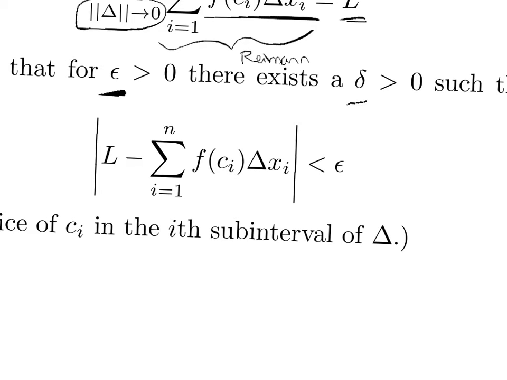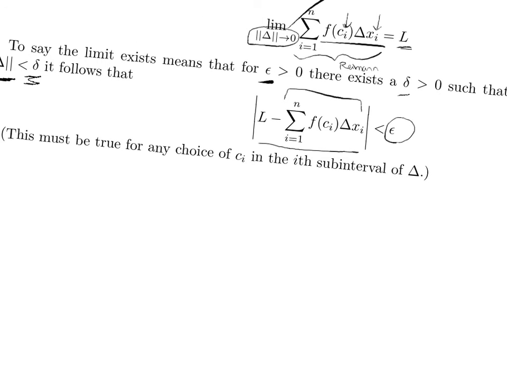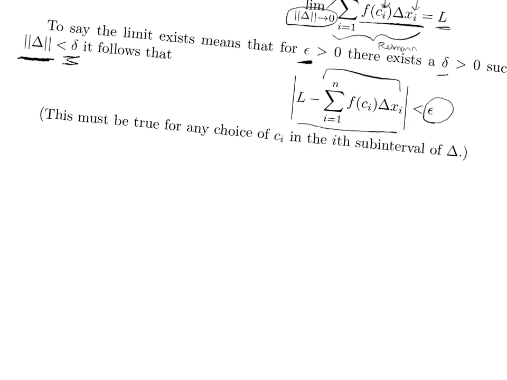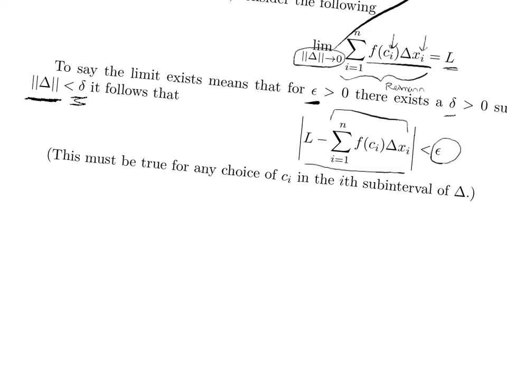If we pick a partition such that the norm is less than delta, then the difference between our sum here and the limit will be less than epsilon. Based on our math logic, this must be true for any ci, no matter what we pick, whether it's an endpoint or midpoint or anywhere in between.